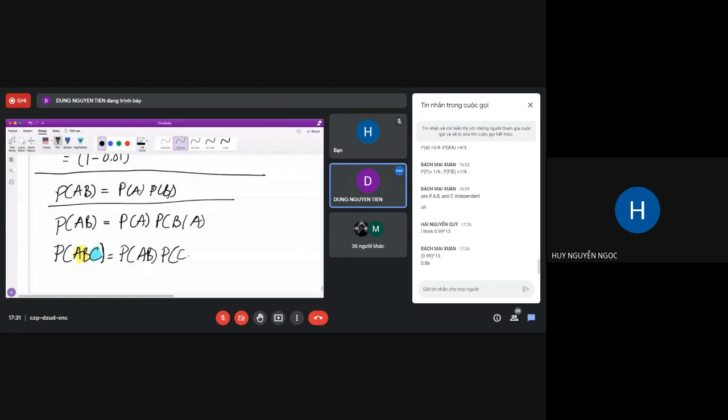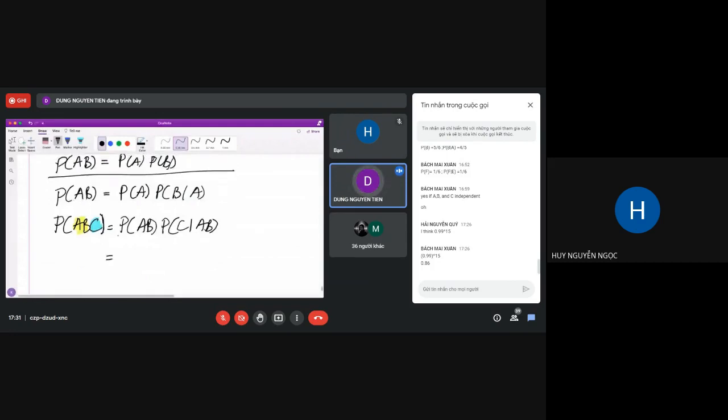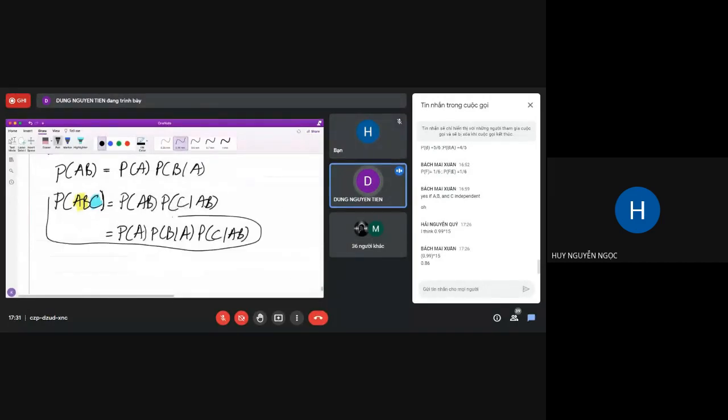And then you can apply this formula one more time to get the probability of A times the probability of B given A times the probability of C given AB. So you get this formula, right? And this is called the Brooks rule for three events.